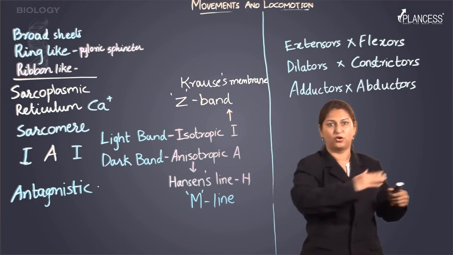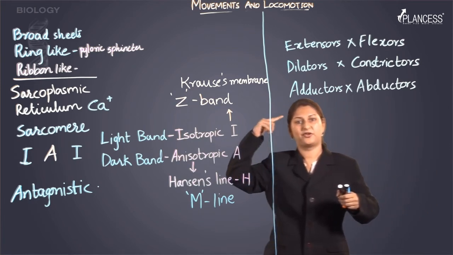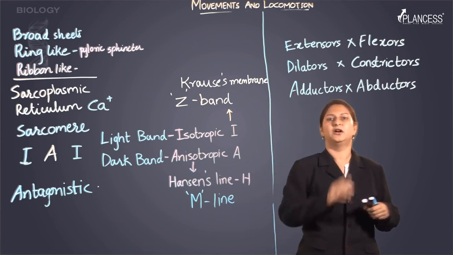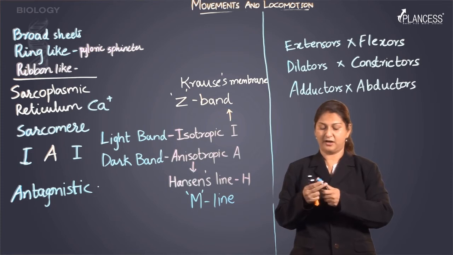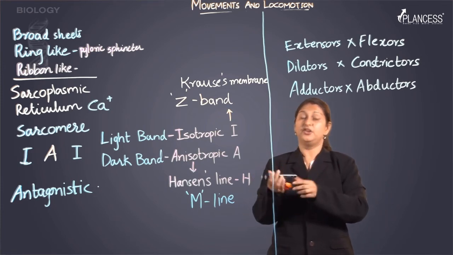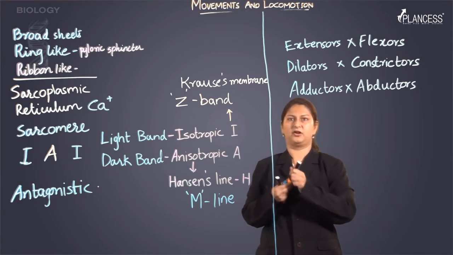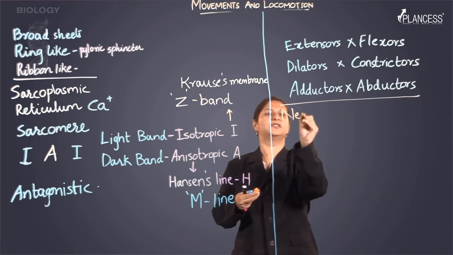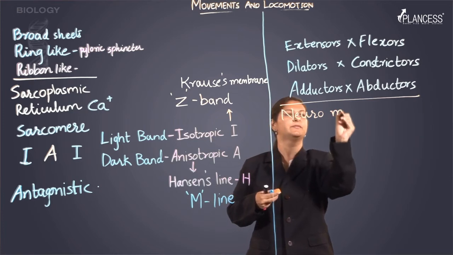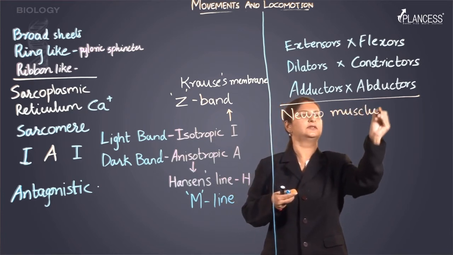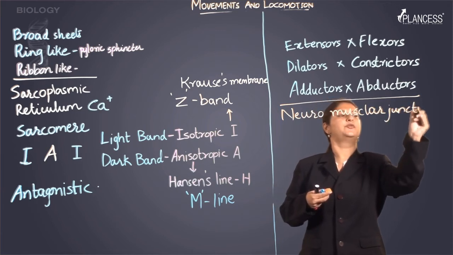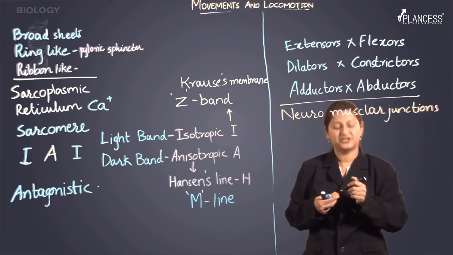Now this flow of action right from the brain to the different parts of the body will bring about the movement, and we have neuromuscular junctions, alright. These neuromuscular junctions are the ones which bring about the initiation.